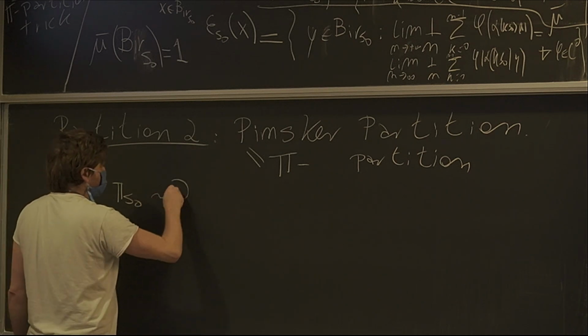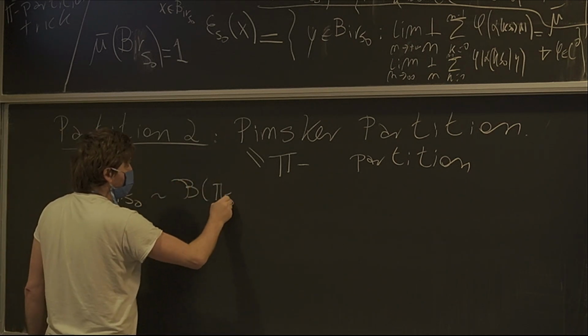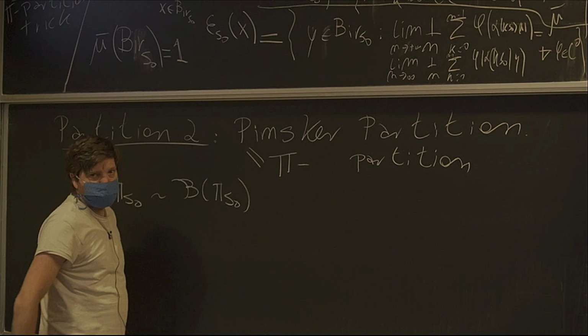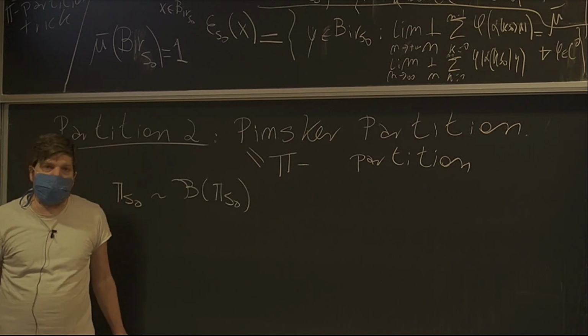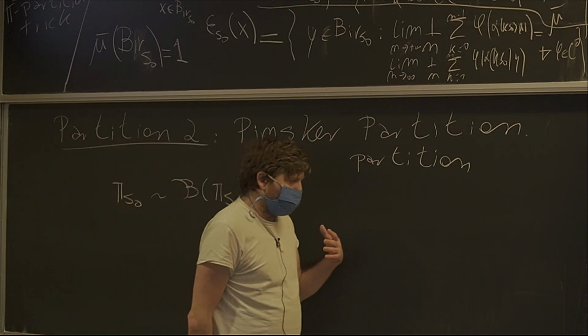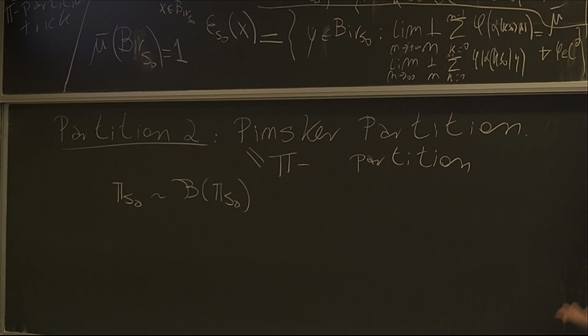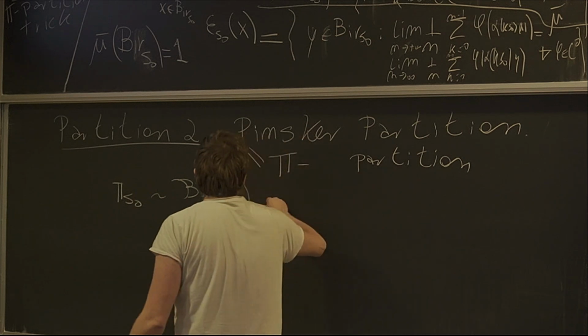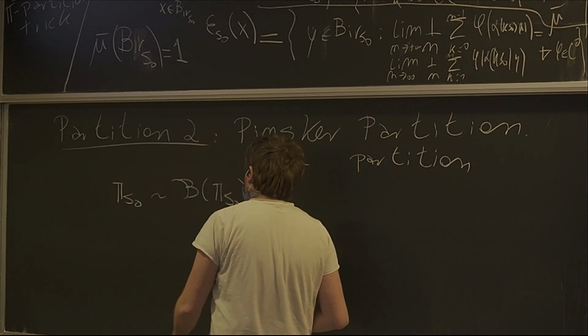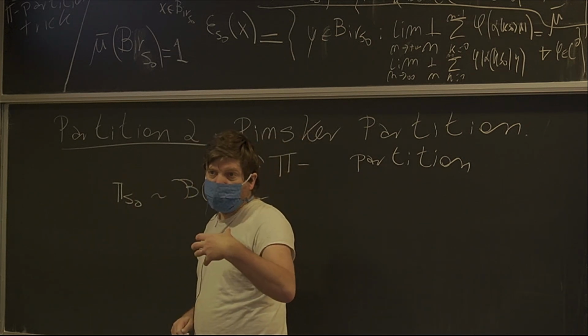pi of S naught. And here what is really easy is to define the sigma algebra, yet the partition can be shown to exist, is what Pinsker does, and is one of the basics of ergodic theory, which has some properties which, when things trivialize, you get Kolmogorov.